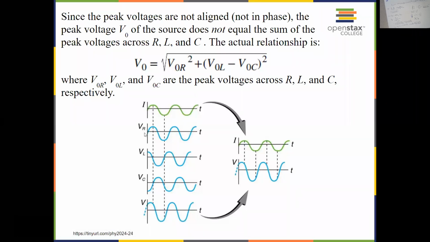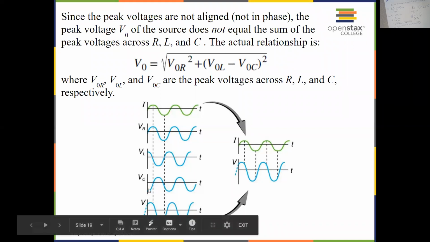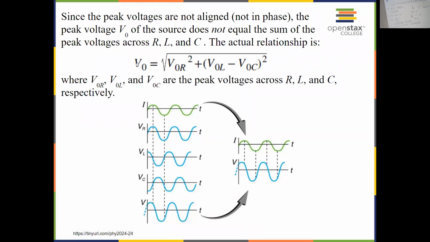To get the total, think of this as the horizontal direction, this as the vertical direction, and this as minus the vertical direction.